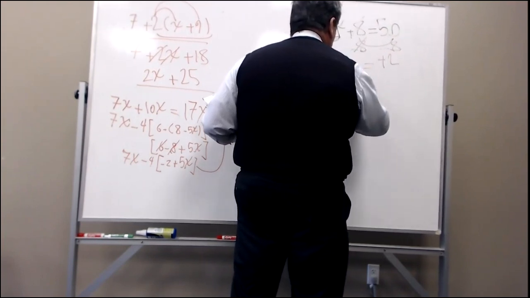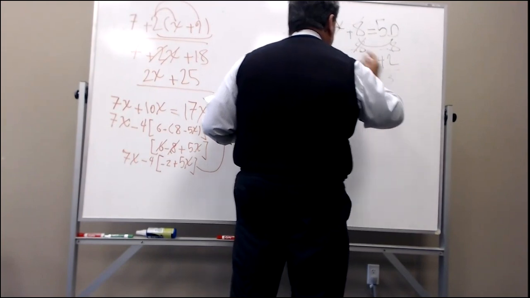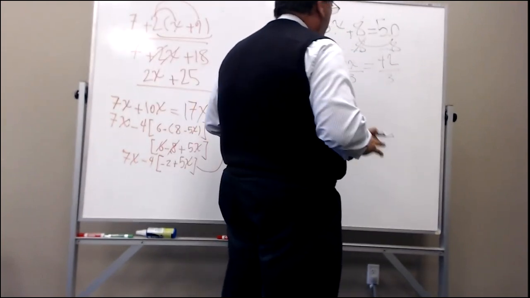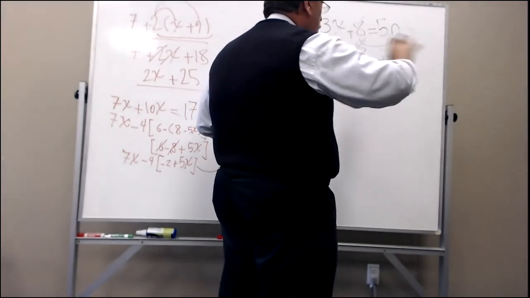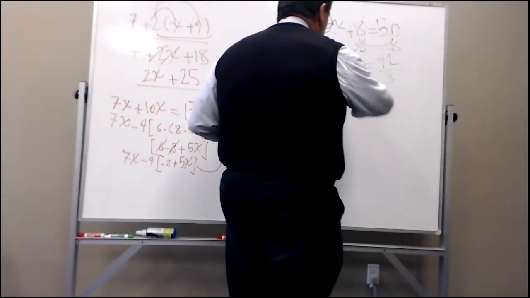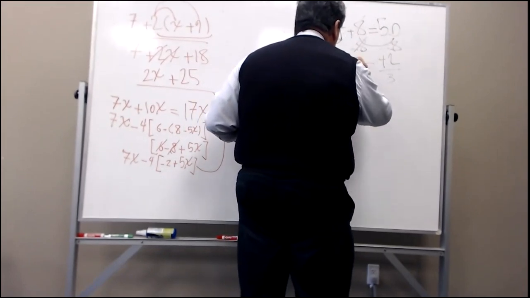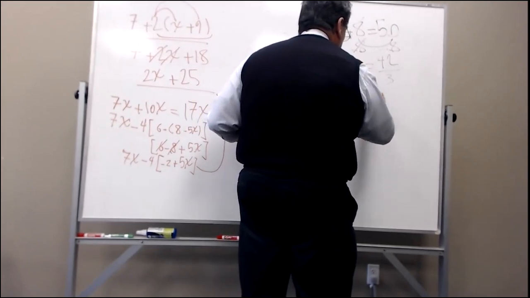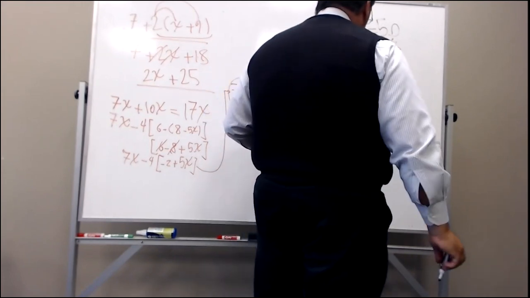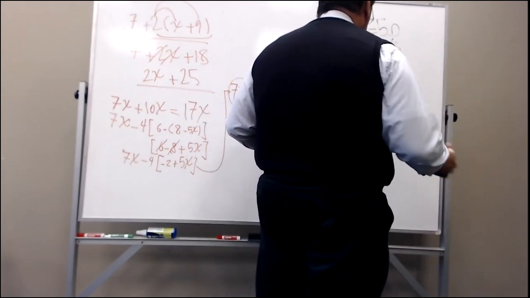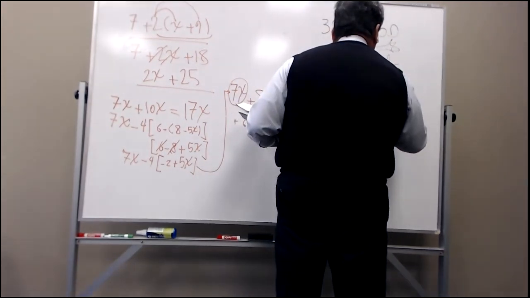Divide both sides by 3. I can do these things because I'm not changing the expression. I'm doing the same thing to both sides. That's the key. These 3 cancel. So x is equal to 42 divided by 3, which would be 14.